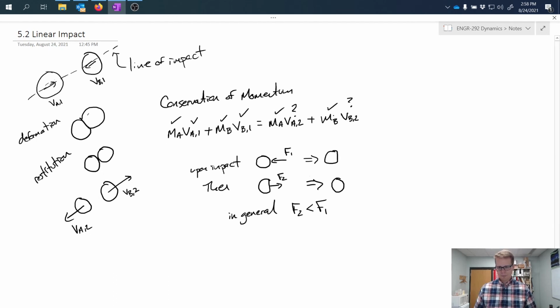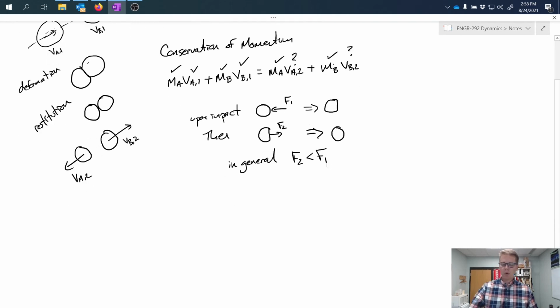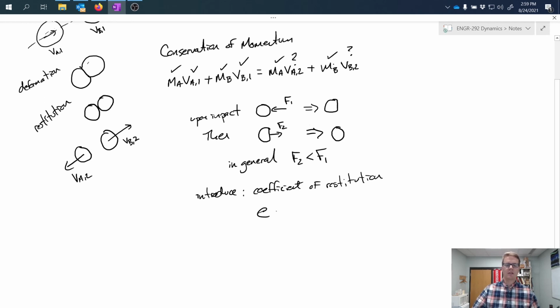So to deal with this, we're going to introduce another quantity, the coefficient of restitution, and we're going to use a lowercase letter e to denote that.